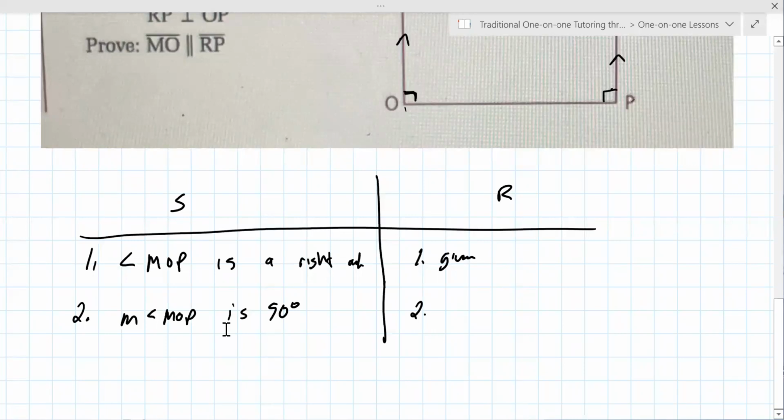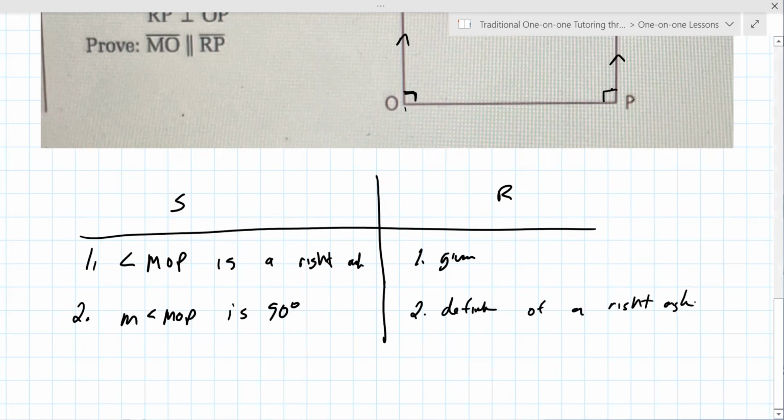Oh, no, I don't do that. Well, okay, but this is one of the more challenging parts of the course, because it's not enough to just say that it's a right angle, therefore it's 90 degrees. You have to specifically call it out here in the second line and say definition of a right angle.